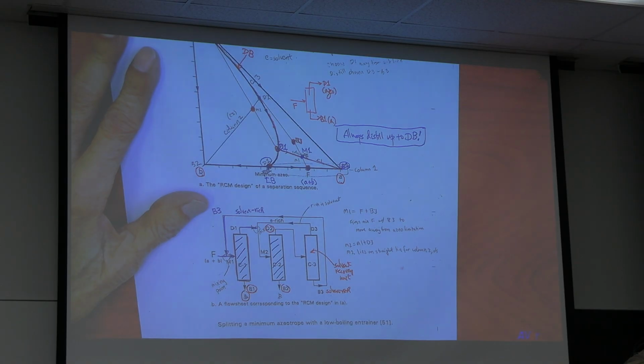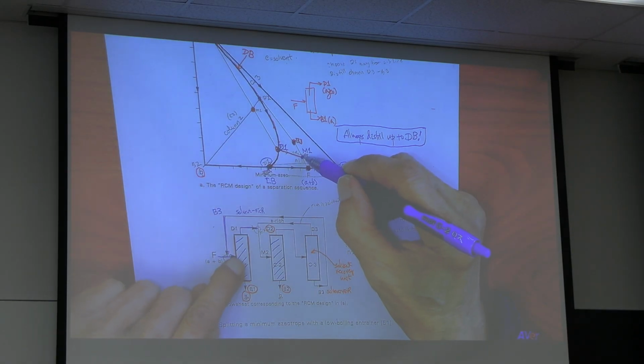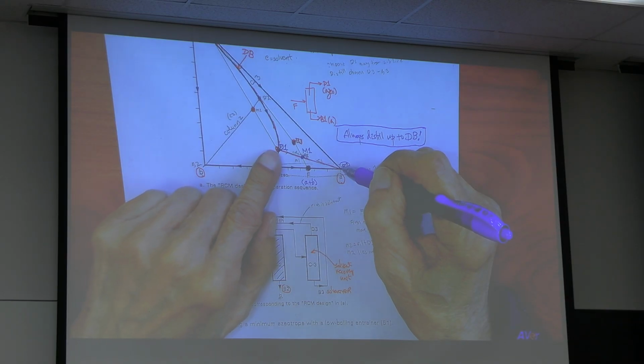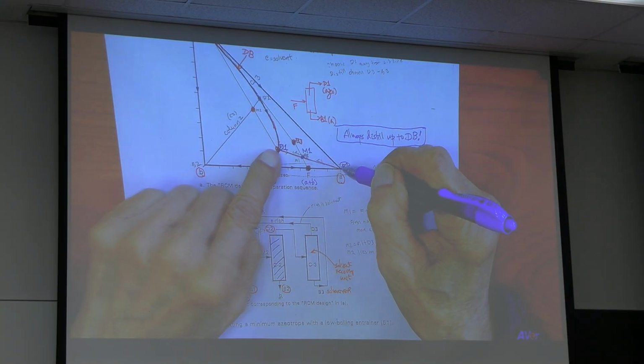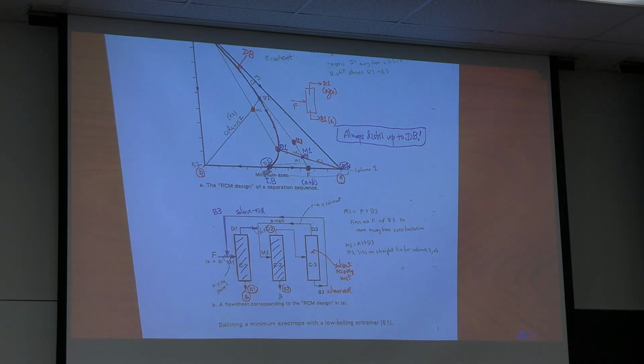Can you explain to me what's the reason for this column M1? We got B1. You fix D1 on the distillation boundary. What's the reason? Someone help me. Give me a good answer.